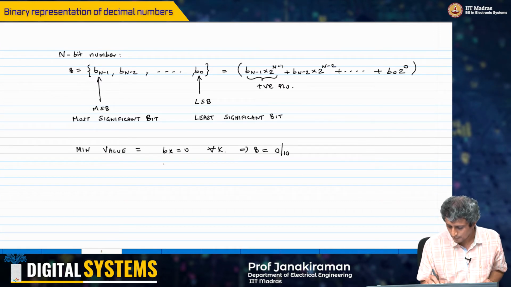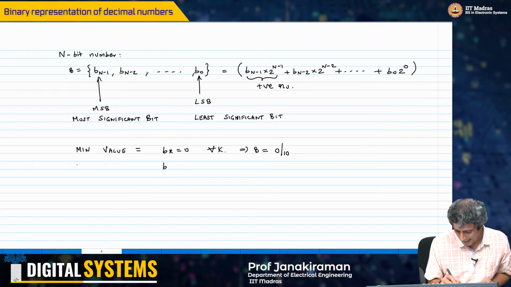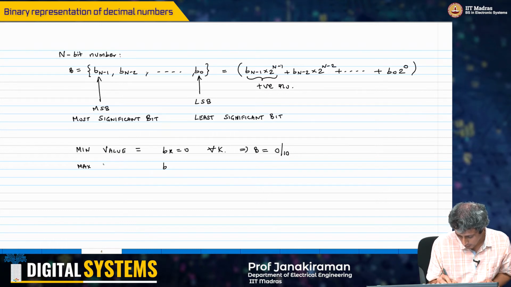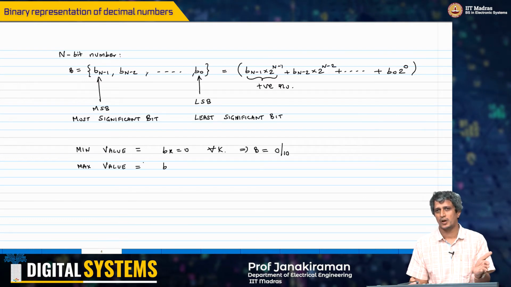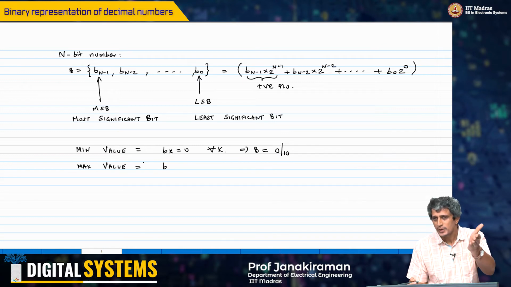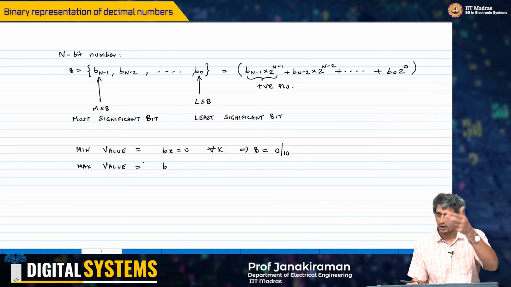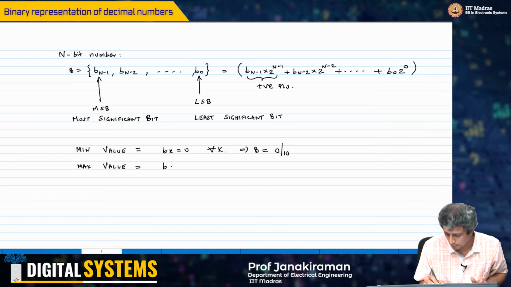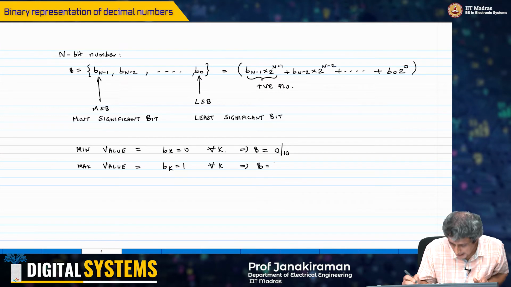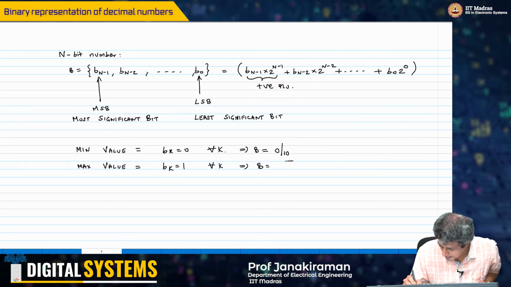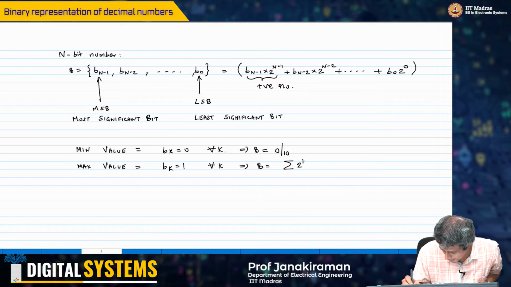On the other hand, for the maximum value, it is a sum of positive numbers, so each term has to be at its maximum value. For that to happen, each bit bk must be equal to 1 for all k, which implies b is simply the summation of 2 power k.